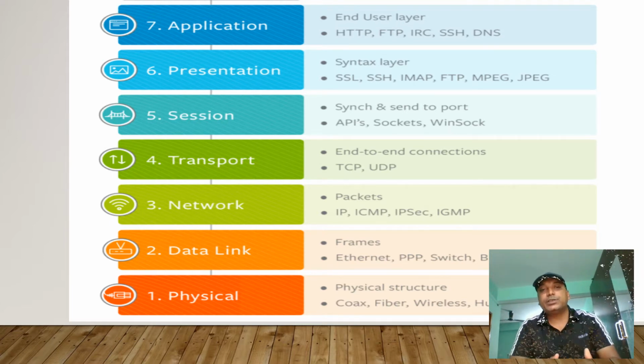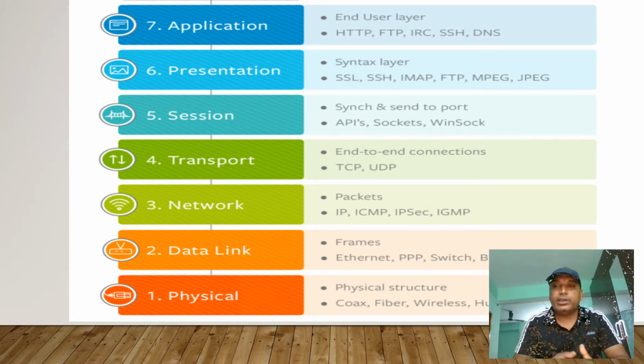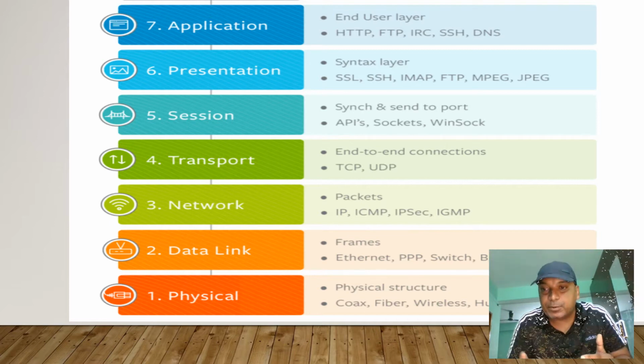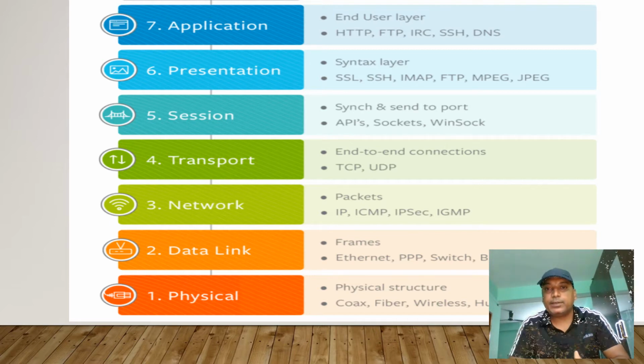Then it will send it to the network layer, which is responsible for delivering the data. So he will check the source machine IP address, what is my IP address, and what is the destination IP address. That packet comes to the network layer, he will see the source and destination IP addresses, and he will send the data.